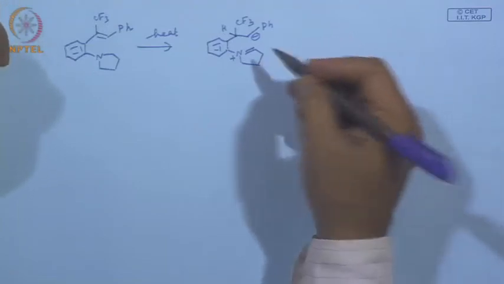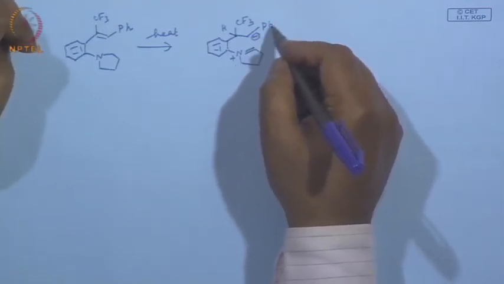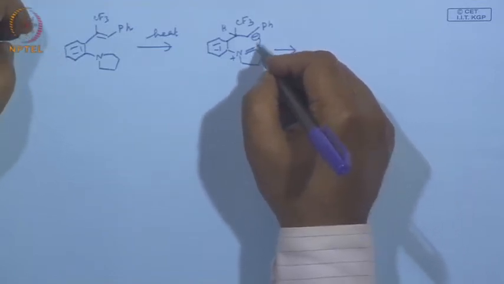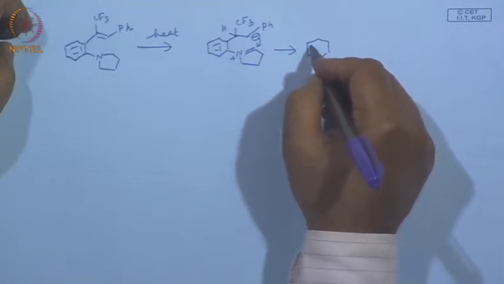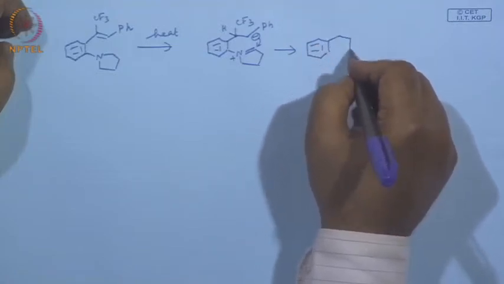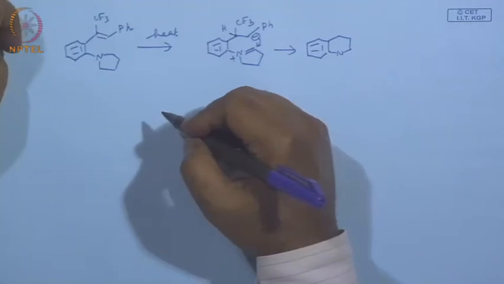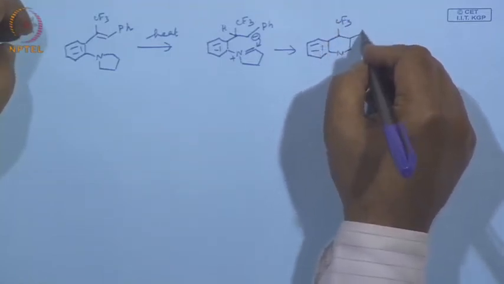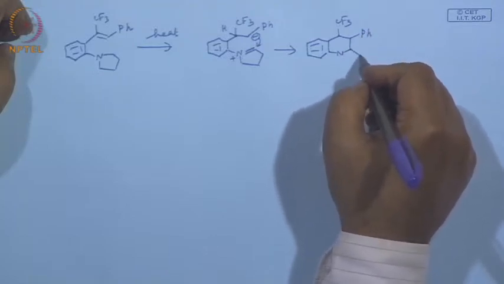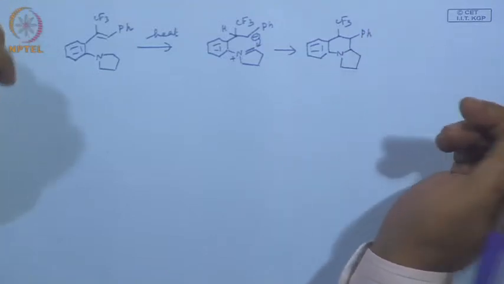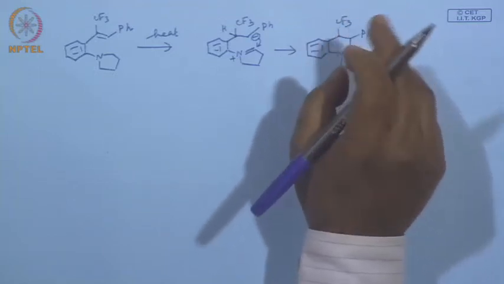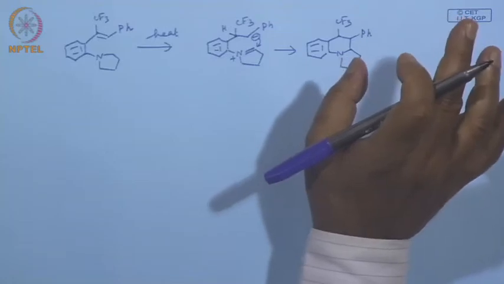Now, there is a possibility that this negative charge is conjugated to the phenyl, and so eventually the end product is again a quinoline derivative. It is a phenyl substituted quinoline derivative, and then you have all kinds of things here. And then there are questions about the stereochemistry here. Normally you get cis and trans, very occasionally you will get a pure product in this.